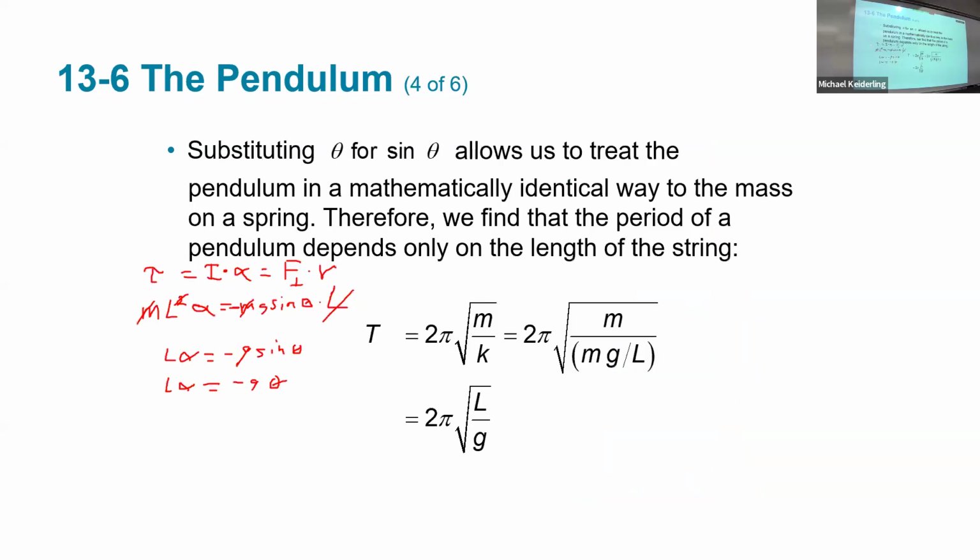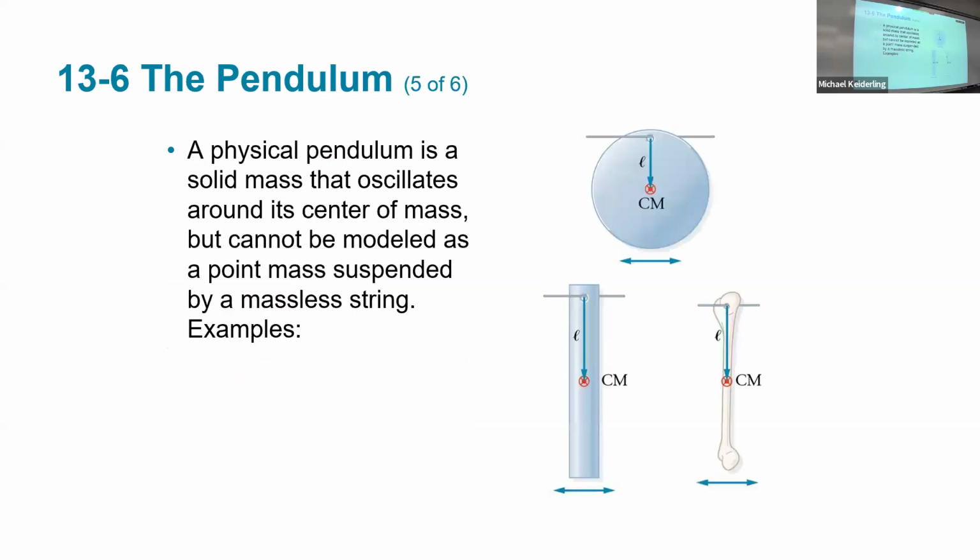But it still boils down to moment of inertia times alpha equals, you get moment of inertia divided by mass times length equals g theta.